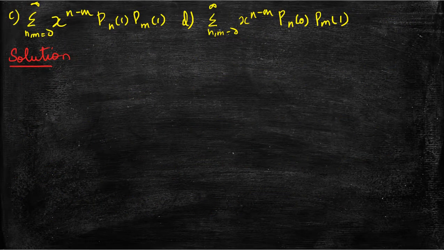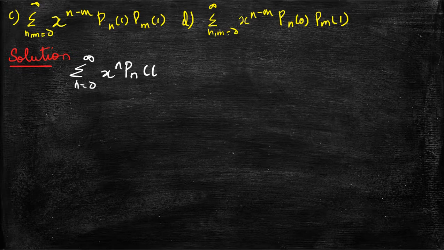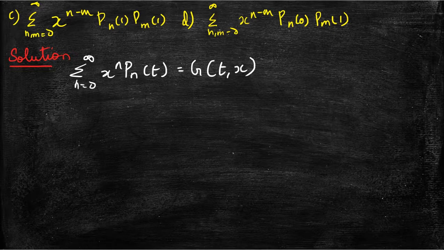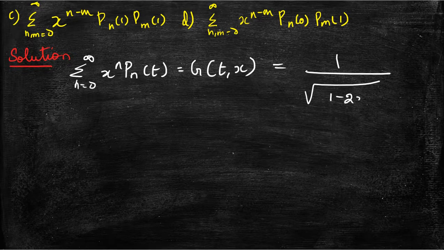I know this is g of t comma x, which is equal to 1 by root over 1 minus 2xt plus x square.